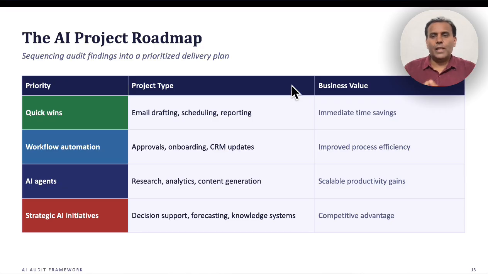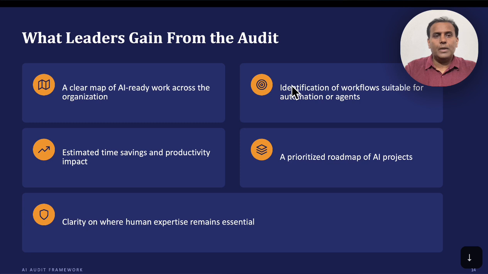So as I say, the business value has to be seen not just from efficiency, but also revenue, productivity, and time savings, and you can identify different kinds of project types. So what do you gain as a business leader once you do this kind of audit? You get a clear roadmap of AI-ready work across the organization. You identify workflows suitable for automation or agents.